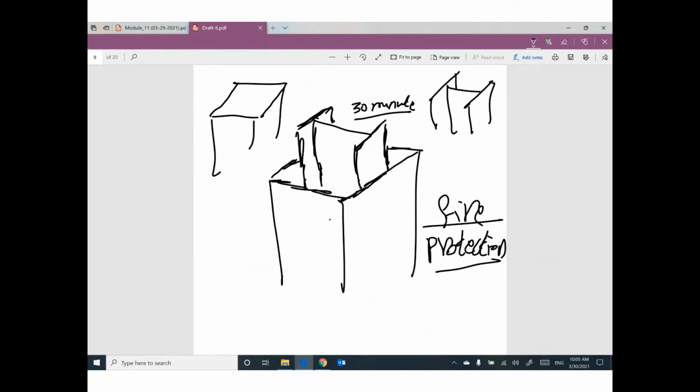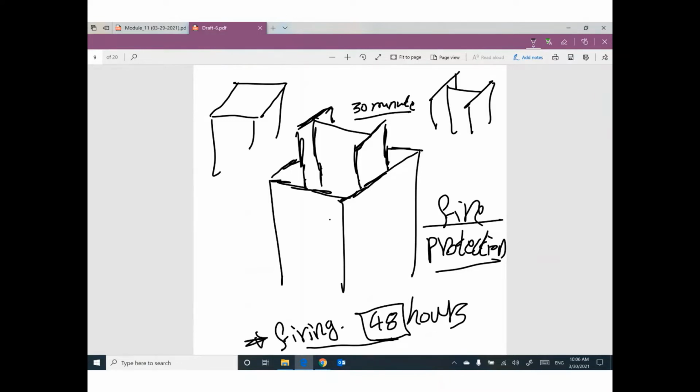We had a building in my country a few weeks ago where the fire continued, I think, 48 hours. It was a big accident, but no collapse happened for the concrete structure. By the end they destroyed the building because it would not work anymore, but we didn't see any collapse during the fire.